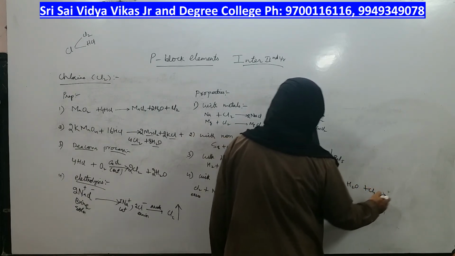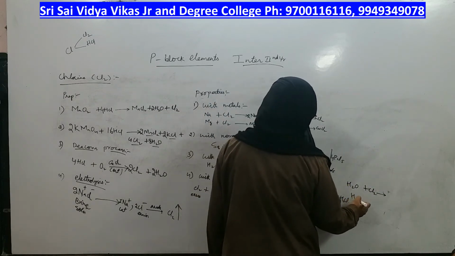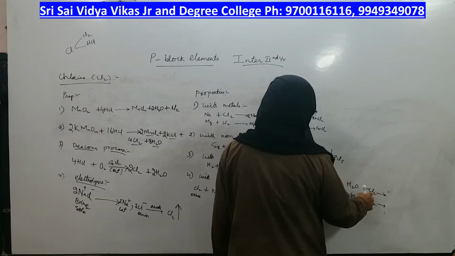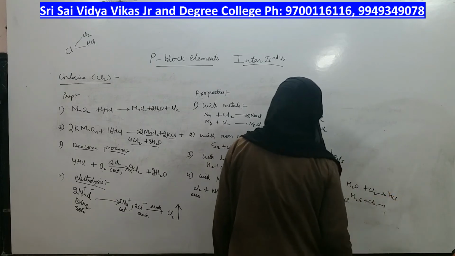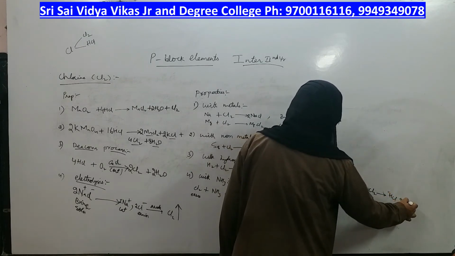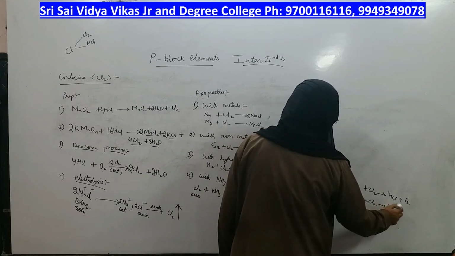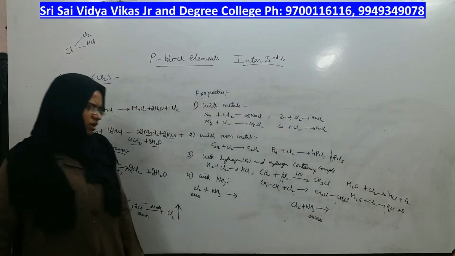Water is also which type of compound? Hydrogen containing compound, right? H2S is also a hydrogen containing compound. If chlorine reacts with a hydrogen containing compound, what is the product? HCl is the product and oxygen. In the same way, HCl is the product and sulfur is the remaining byproduct, right?